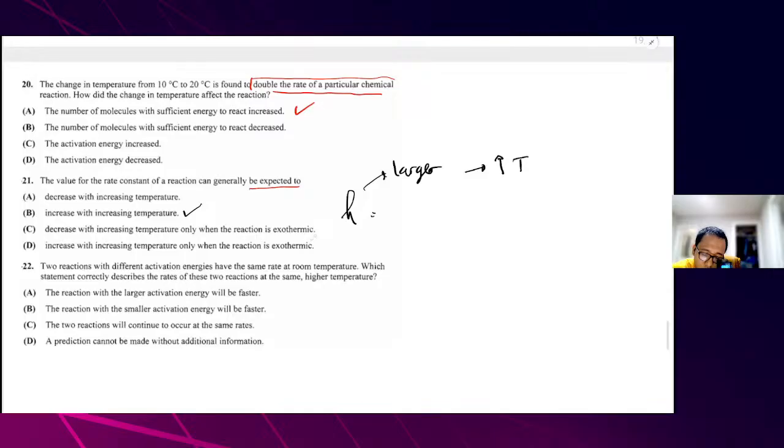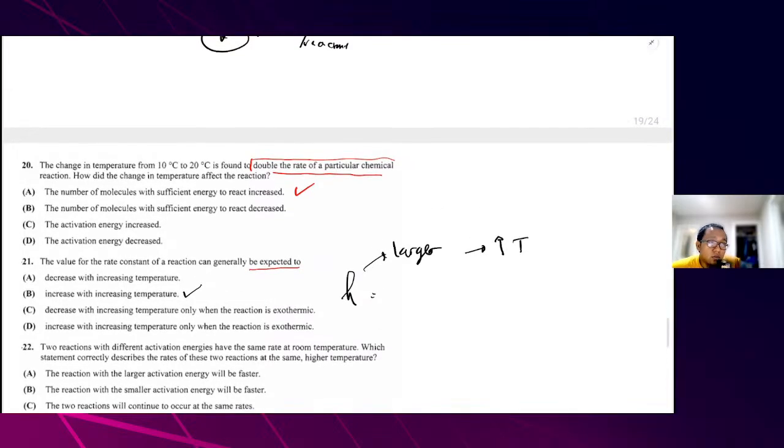Decrease with increasing temperature only when the reaction is exothermic. So exothermic has heat in the product, and endothermic has heat as reactant.